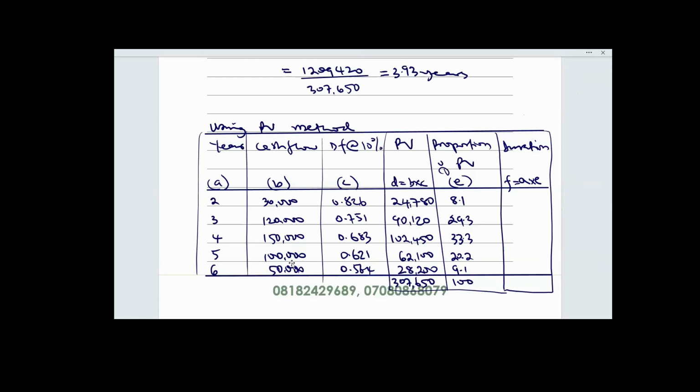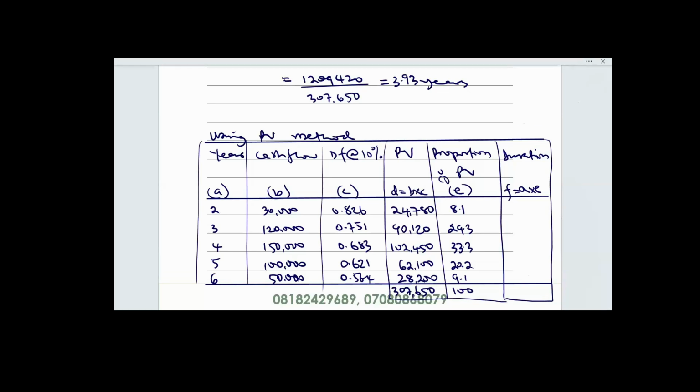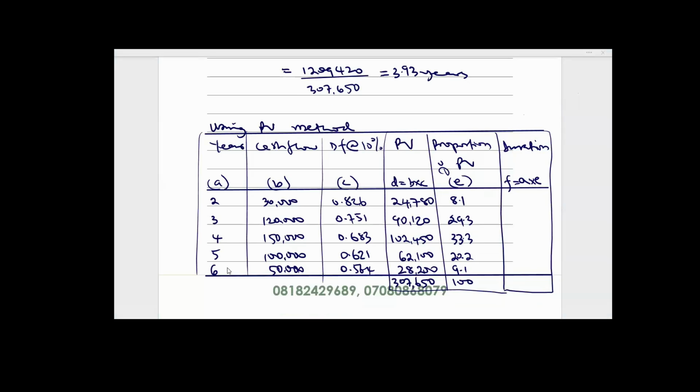So for the first one, 8.1 multiplied by 2, divided by 100, equal 0.16, into 2 decimal places, because your duration will be in 2 decimal places.